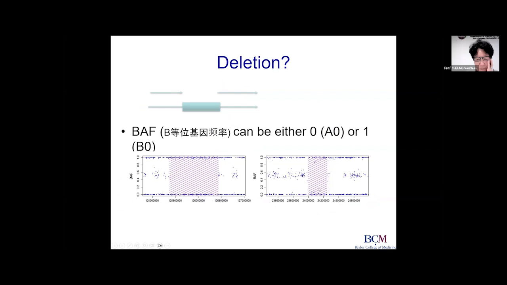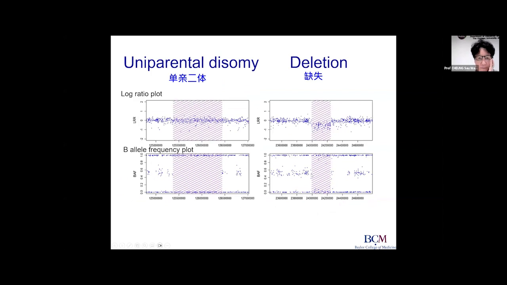And here is a different one that you see. Only here is a loss of heterozygosity. Here is normal. So how do you distinguish uniparental disomy versus deletion? Uniparental disomy means that there are 2 copies, right? So in the log ratio, it's normal. And then in the B allele frequency plot, you could see that it is either AA or BB.